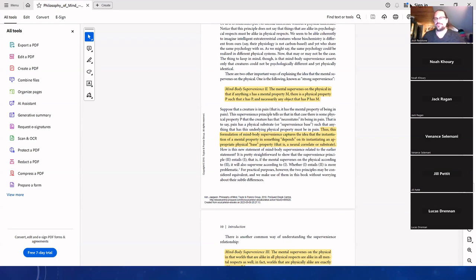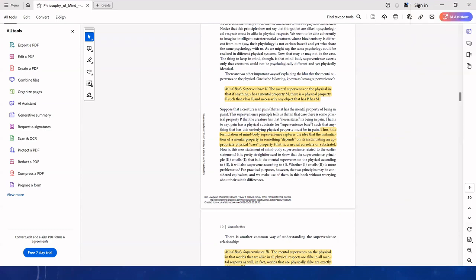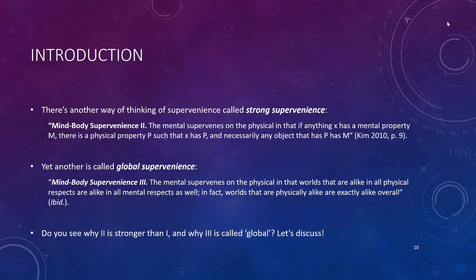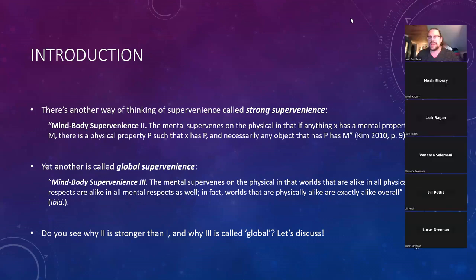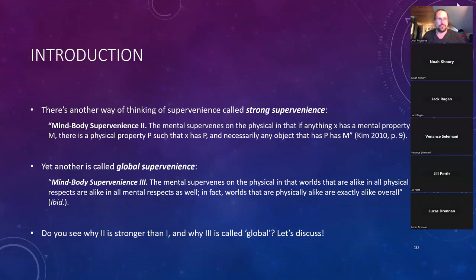The first supervenience thesis depends upon strong supervenience being true. And that is why 2 is stronger than 1. But 3 is the strongest of all because it's talking about the entire universe. We are not going to be too concerned with the third formulation, but we will be quite concerned with the second.